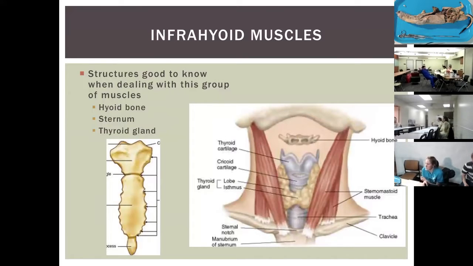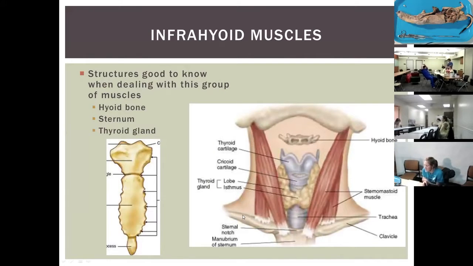All right, so structures that are good to know when you deal with this group of muscles are, as I've already talked about, the hyoid bone itself, and the sternum, which I talked a little bit about with the sternocleidomastoid. This is what the sternum looks like, and it has three parts: the manubrium, which is the top part, the body, and then the xiphoid process. Really, all I want you to worry about today is the sternum in general, and knowing this is called the manubrium.